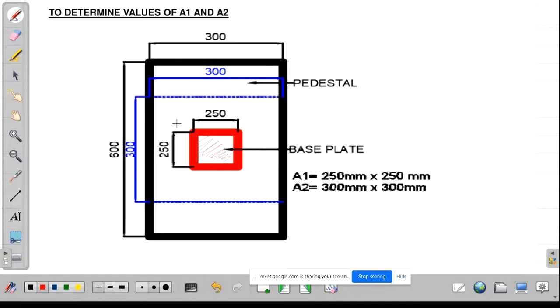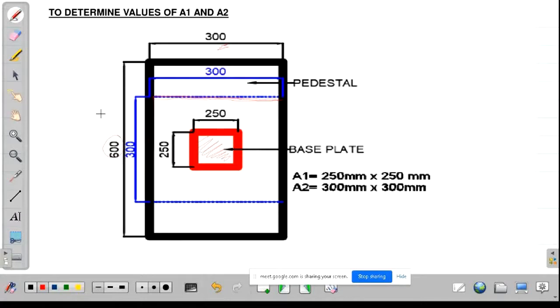So, in this example, ang minamaximize ko is yung width ng ating pedestal, which is 300. Okay? And then, pag minaximize ko yung 300, pwede ko ding i-maximize na 300 yung aking length kasi pasok pa rin siya dito sa ating dimension na 600.